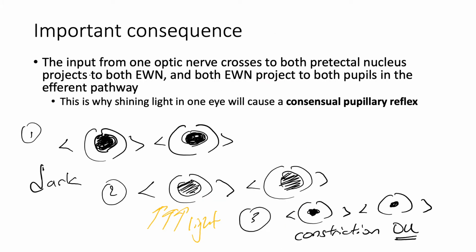And so the input from one optic nerve crosses to both pretectal nuclei, which projects to both Edinger-Westphal nuclei, and both Edinger-Westphal nuclei project to both pupils in the efferent pathway. This is why shining a light in one eye will cause both pupils to constrict.